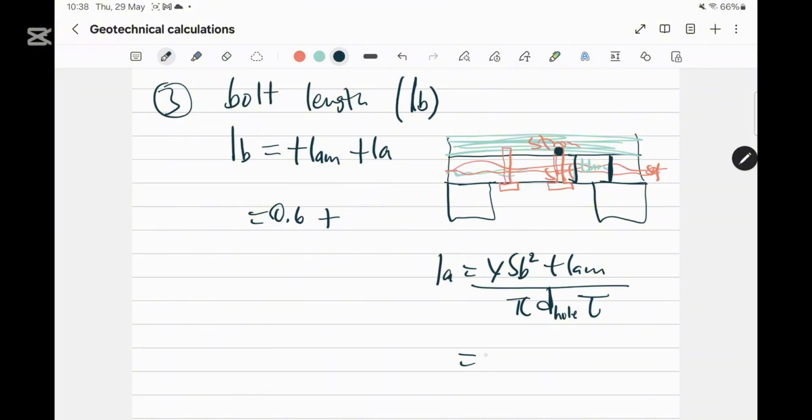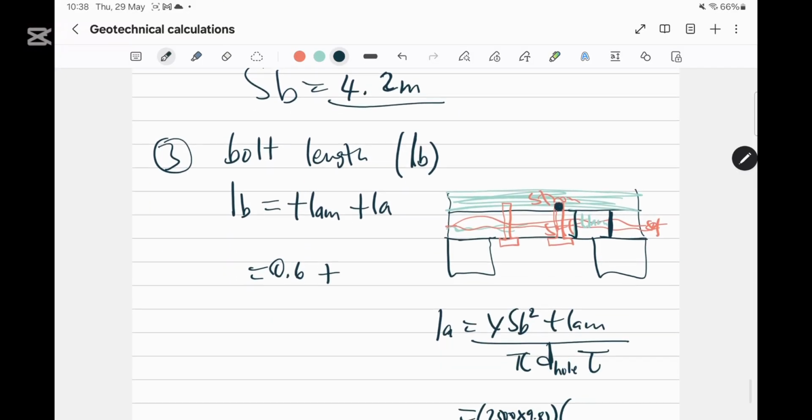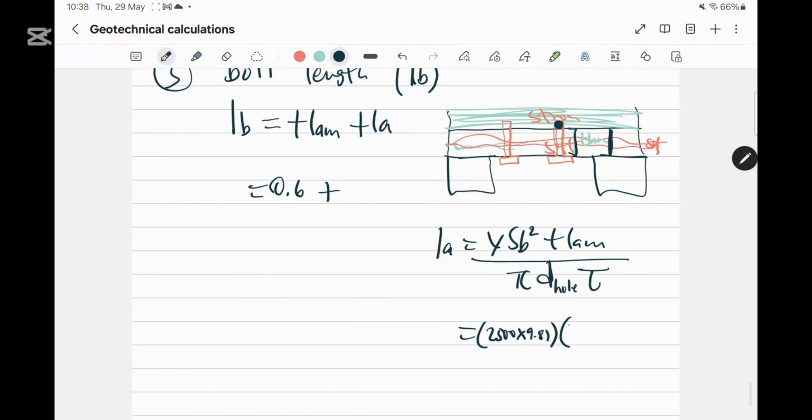The gamma, we already have as 2.5 times 9.81. Your spacing, your SB, you found as 4.18. Let me just stick to 4.18 instead of the rounded-up number. So we take 4.18 squared. Our TLM, 0.6.